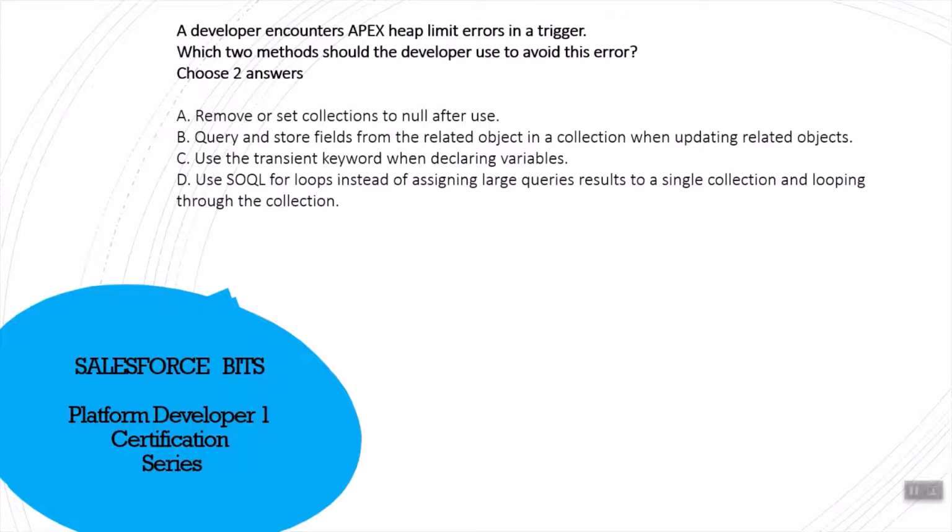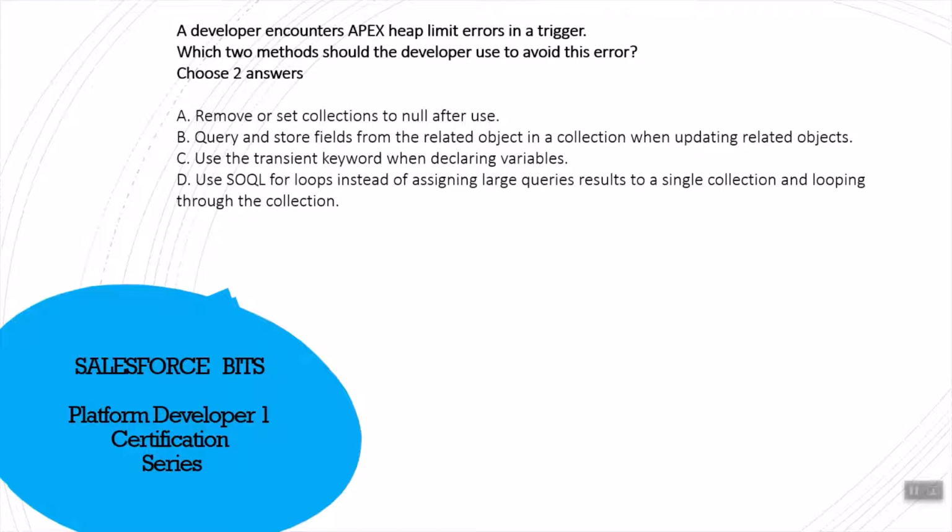No, again this heap limit error occurs when at runtime you are using more memory in a collection, either a list or a map. So the correct answer would be I think C and D, because use transient keyword when declaring the variables, because it only exists for the duration of the page request. So that's when this will be more relevant to this question.